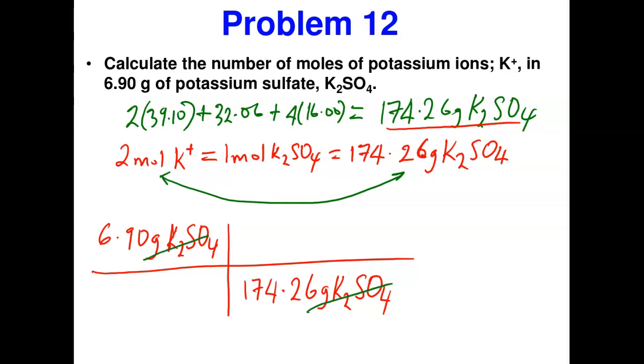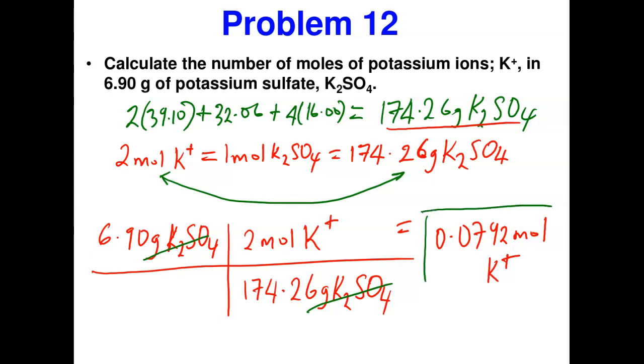And then you're going to put 2 moles of potassium ion. And when you multiply across and then divide, you're going to get 0.0792 moles of potassium ion. And this is what you get.